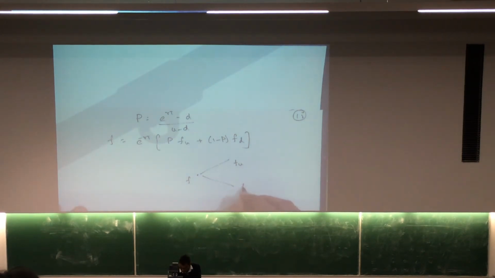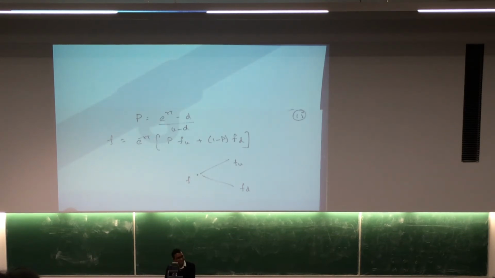Stock price may go down, in that case the value of the option is FD. If you know these values, and the P value can be easily calculated by using this formula, then you can easily find the F value by substituting the values in the above equation.